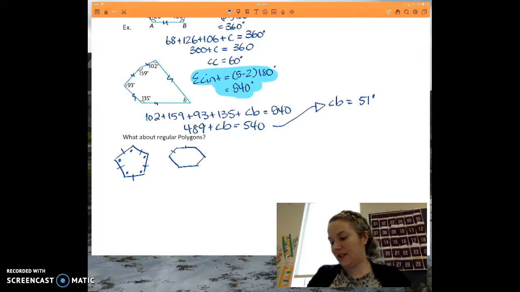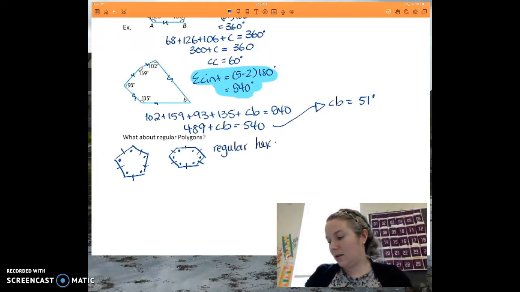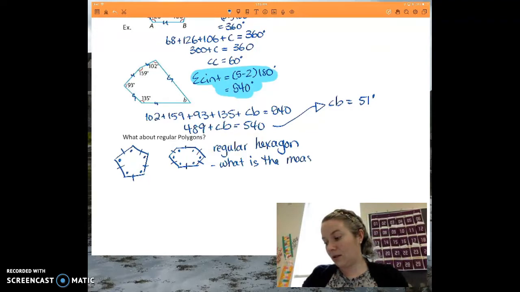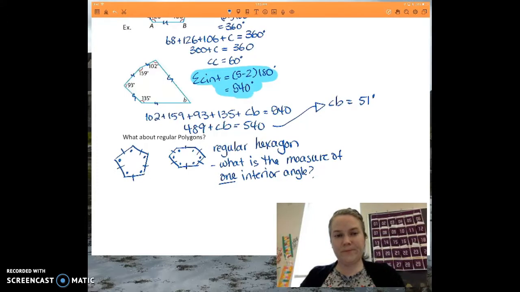So if I said, let's look at this one. Okay, what shape is this? This is a hexagon. Okay. So if I said I have a regular hexagon, what is the measure of one interior angle is the question.